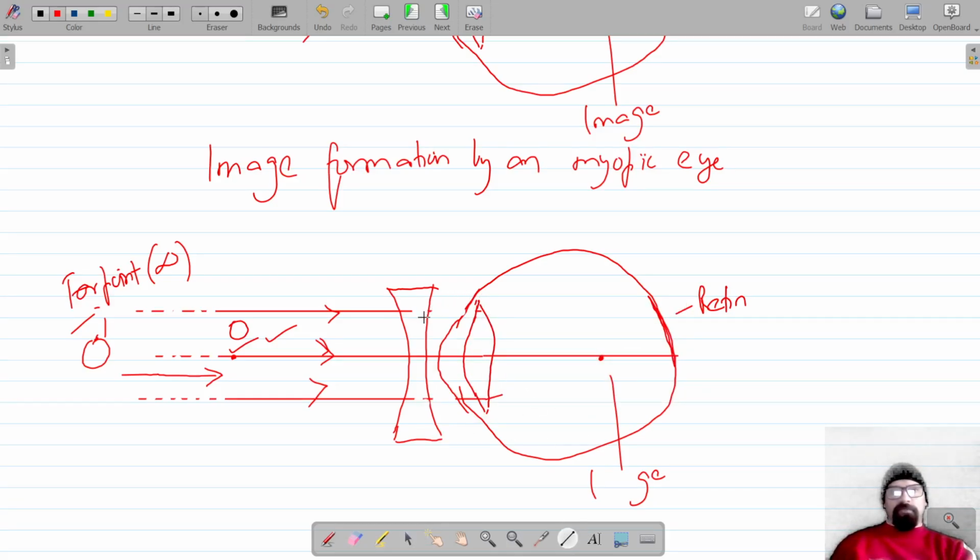From here, the rays of light will be diverged outwards. And I'm going to make this lens a bit bigger.